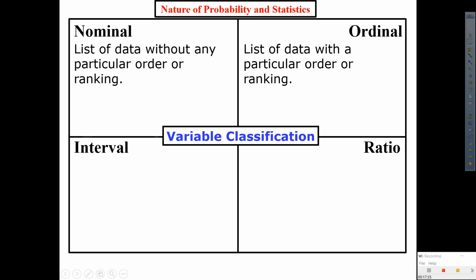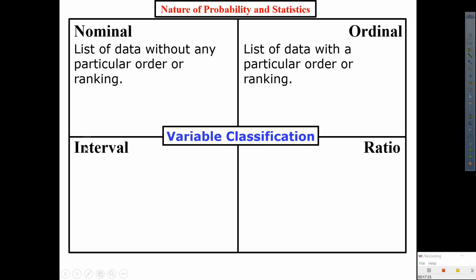However, even though you organize them by alphabetical order, does that mean that one person is greater than the other? No. It's just organized by alphabetical order. Is one more valuable than the other? No. There's no particular value from one to the other.